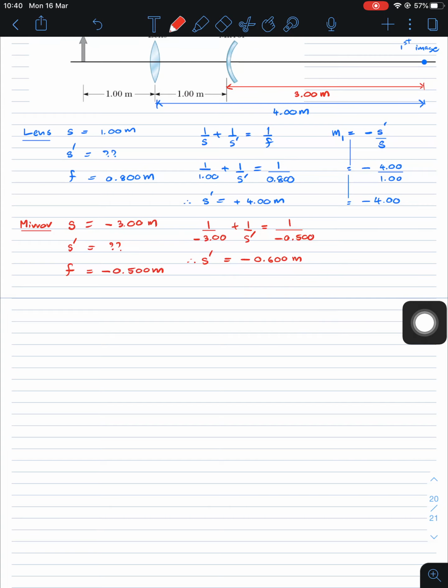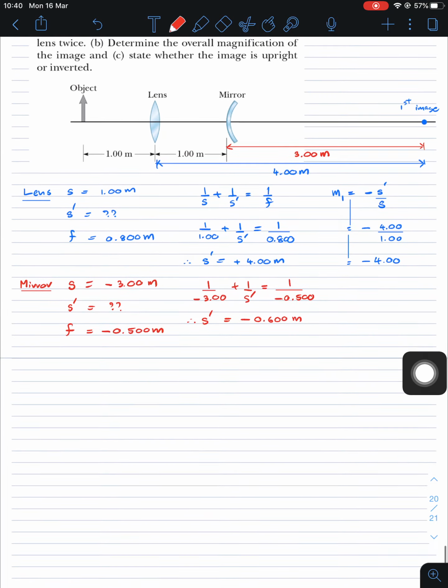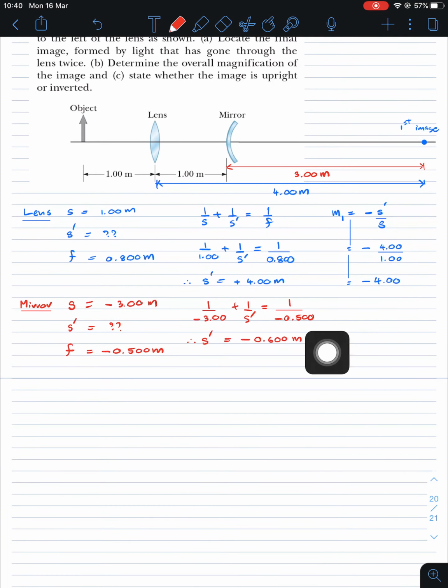It means that we have the negative sign for the image distance, so it will be on the opposite side as the reflecting light. As I mentioned before, the light will come from the left of the mirror and be reflected back to the left hand side of the mirror as well. So the image will be formed on the right hand side at a distance of 0.6 meter from the mirror.